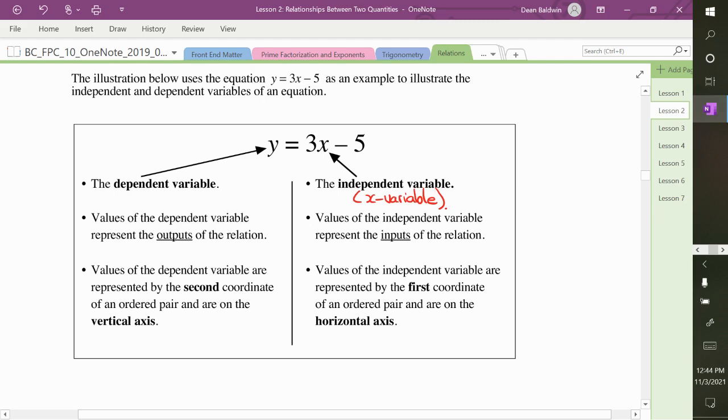Okay? The X value is independent because you get to pick it. That's why it's independent of anything else. You put in whatever X value you want. All right? The Y value is the dependent because it depends on what X value you put in. So the dependent is going to be our Y values, or Y variables.